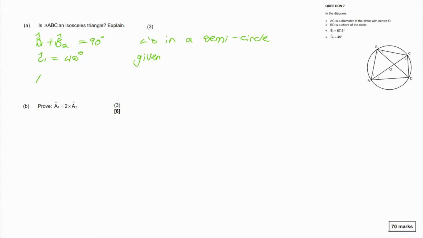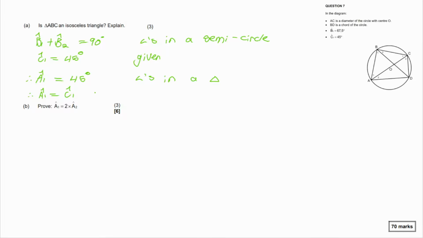Therefore A1 is equal to 45 degrees, because of angles in a triangle. In this triangle, if this is 90 and this is 45, this has to be 45, because the sum of angles in a triangle is 180. Then we can say A1 is equal to C1.